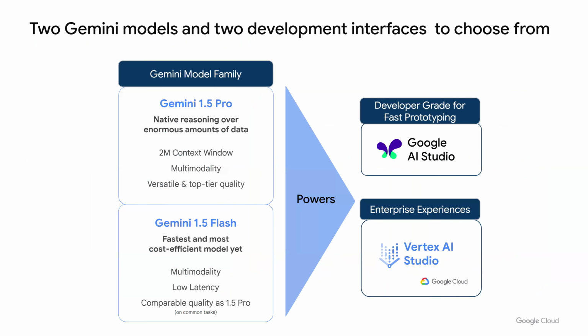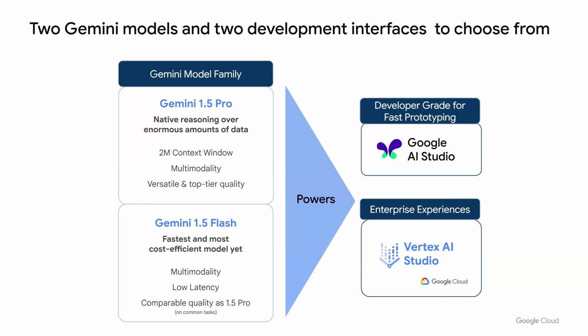Now, there are 2 flavors of Gemini models today. There's the Gemini 1.5 Pro, which is our best model yet. It's really good at native processing and reasoning over large amounts of data. It has the 2 million context window we just spoke about. It is multimodal, so it translates well between text, images, videos, and different formats.